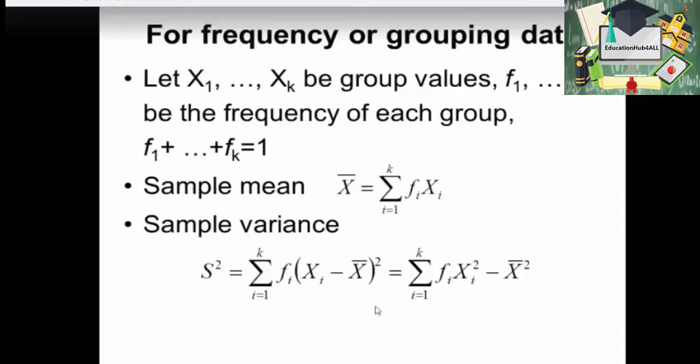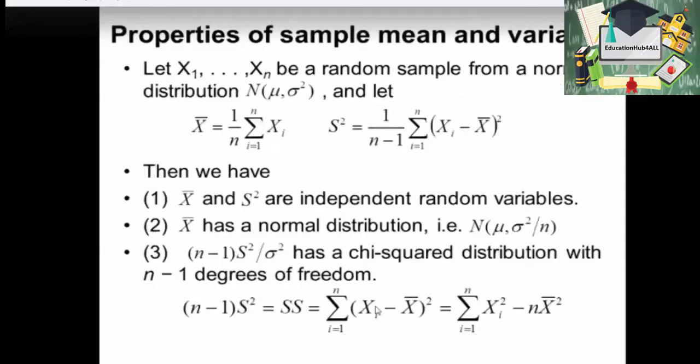So these are the two very basic characteristics of a distribution, called sampling statistics. The sample mean can be used to estimate the population mean, and the sample variance to estimate the population variance.